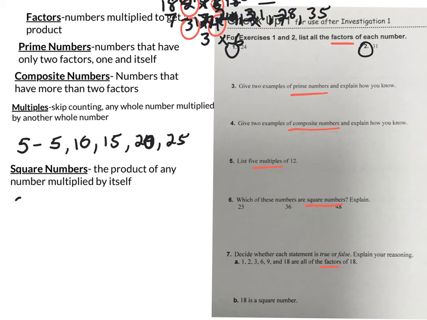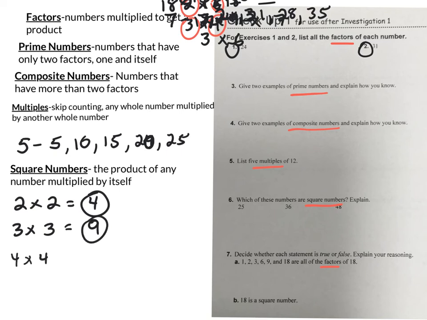How about this? 2 times 2 equals 4. 4 is a square number. 3 times 3 equals 9. 9 is a square number. 4 times 4 is 16. 16 is a square number.